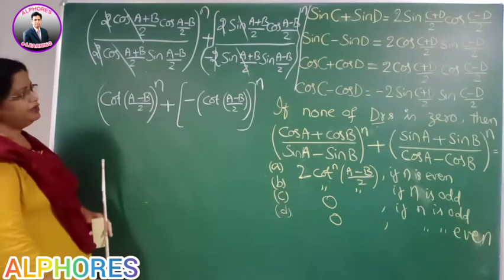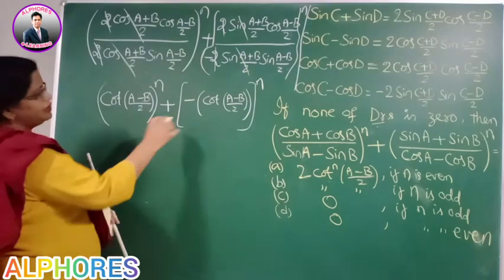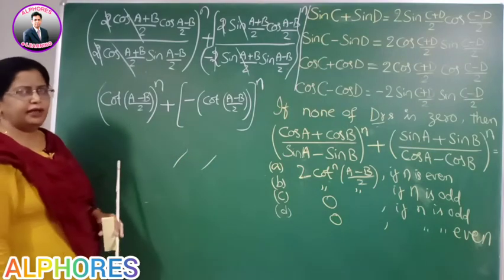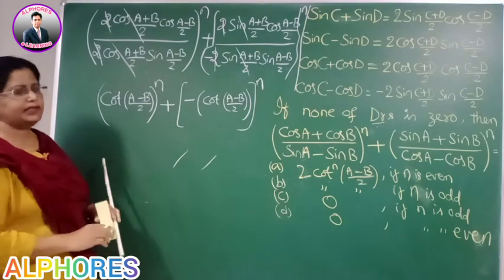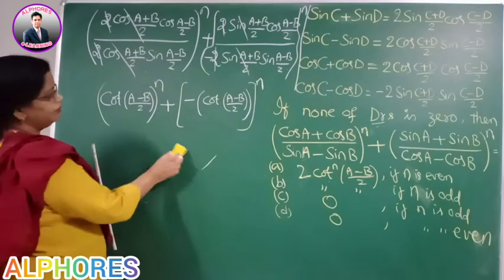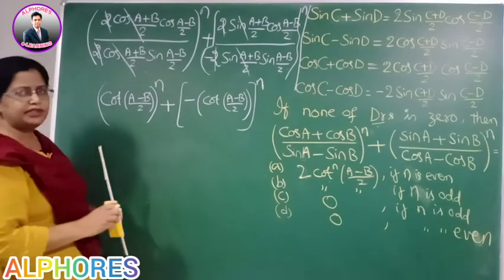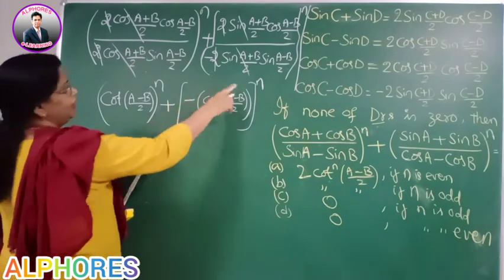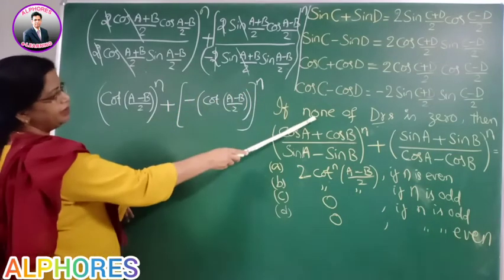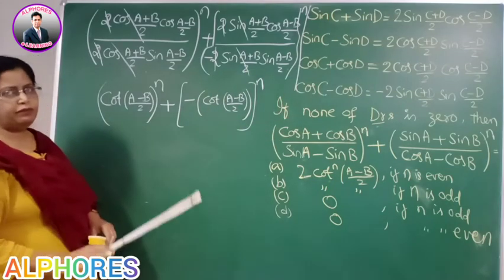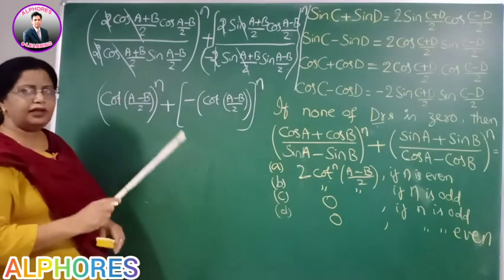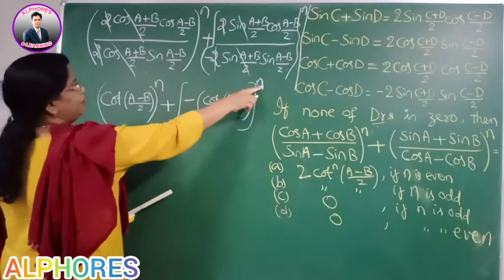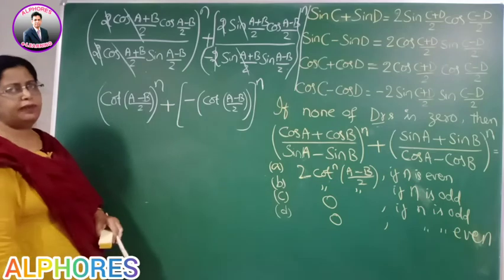Understand? Whenever you observe a plus symbol and a minus symbol, we have a tendency to cancel immediately. But have some control, don't cancel immediately. Observe very clearly; being IIT students you must be aware of these factors. The value of n is not mentioned anywhere in the data, therefore n can be even or n can be odd. If n is even, minus whole power even becomes plus.